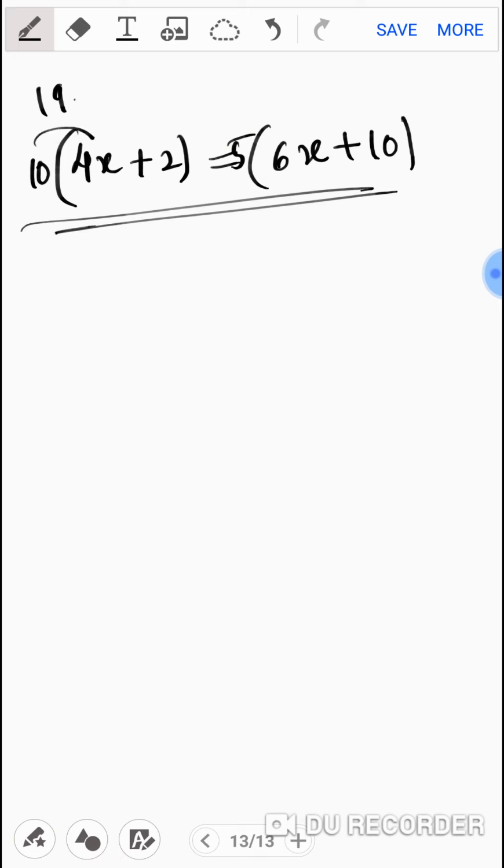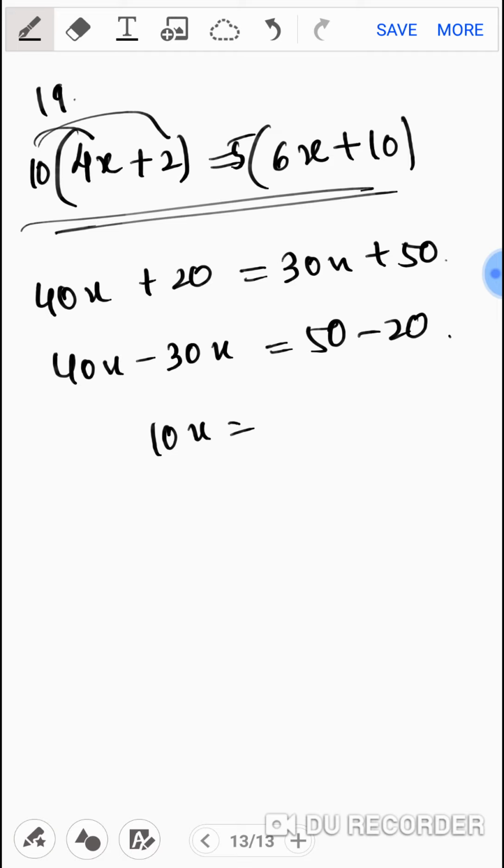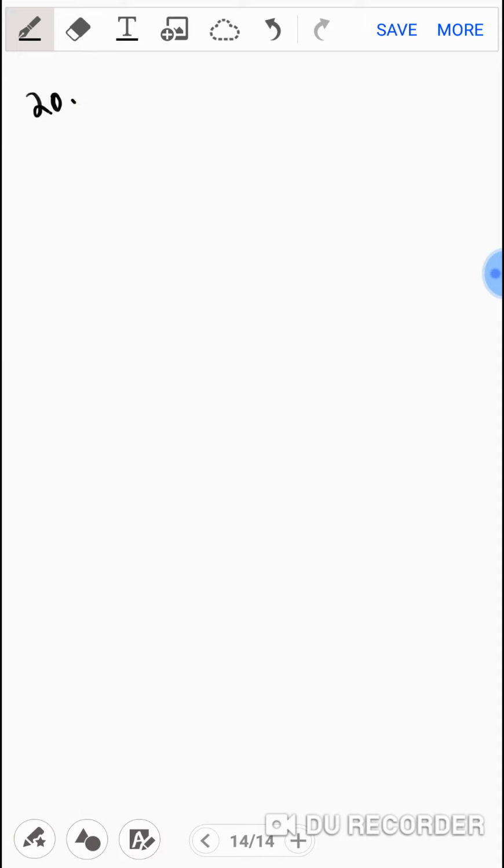You have to open the brackets as we always do. Take x's together and numbers together. And my dear kids, your answer is clear.